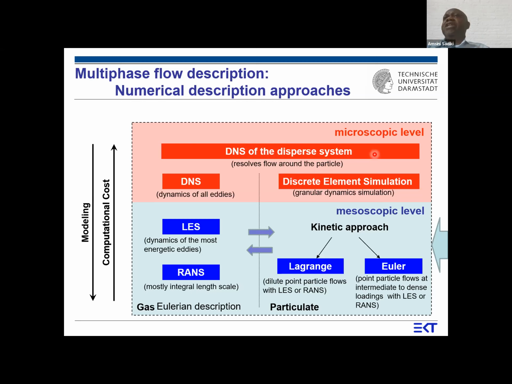It is very costly, and it is done only for single droplets. But we can go to the mesoscopic level. At this level, we can get the solution of this equation, the William equation, following either a Lagrangian procedure or a Eulerian procedure.